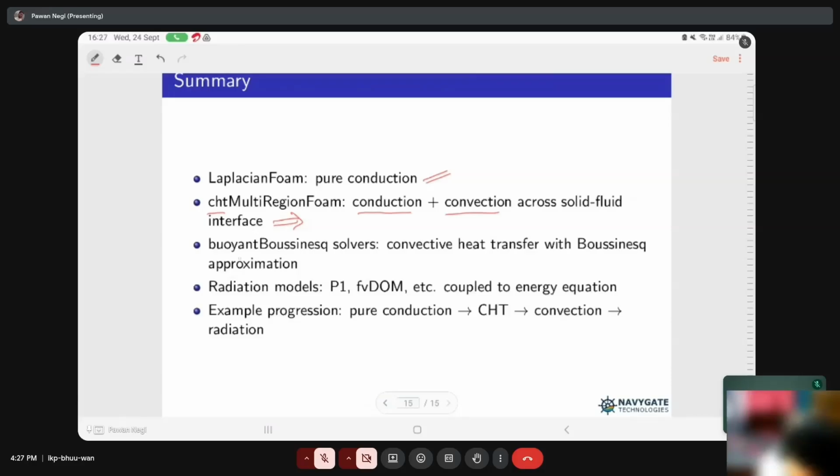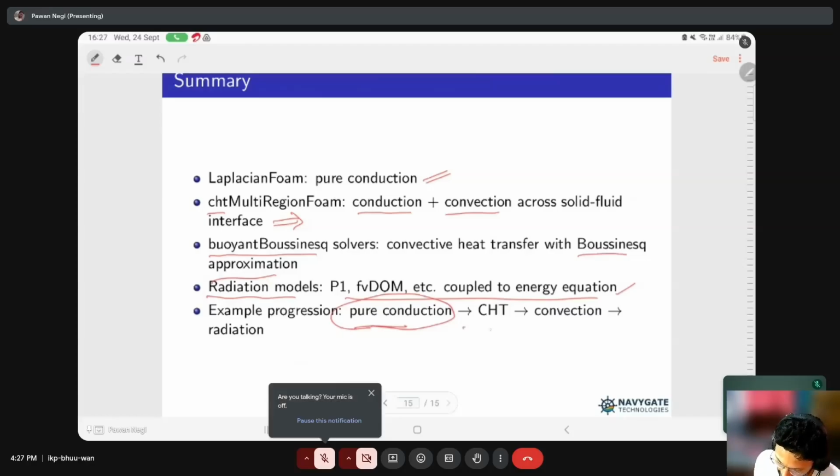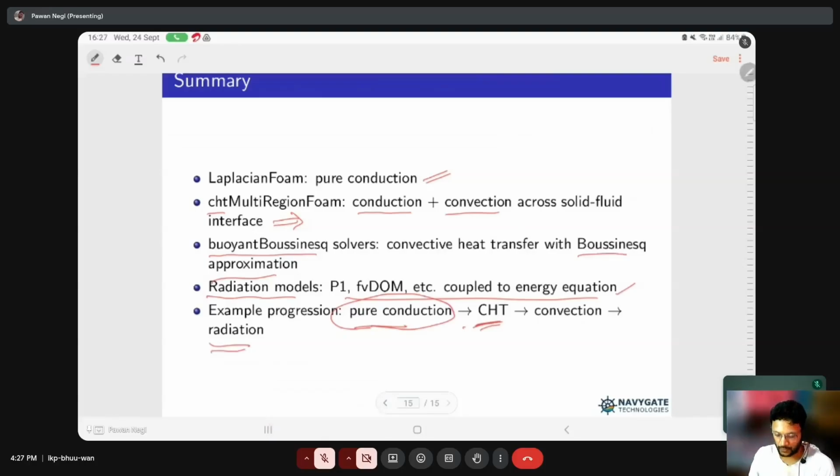In Boussinesq assumptions, here we solve the incompressible flow with the Boussinesq approximation, and then we can have a source term added to the energy equation using the radiation models that we discussed, and then we'll solve this in progression. We already solved this. Now we'll solve with Boussinesq assumption, then conjugate heat transfer, and then adding a source term due to radiation. With this, we'll stop here.